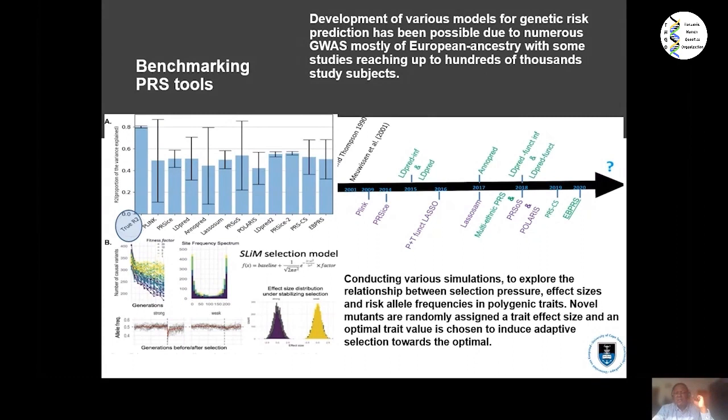But one thing is that those tools have been developed and applied in European cohorts, as GWAS has been conducted extensively in European descent populations. So here we try to benchmark those tools in African populations, known for high diversity. We first simulate case-control data just to see how accurately those tools can produce a comparative predictive power in African populations.